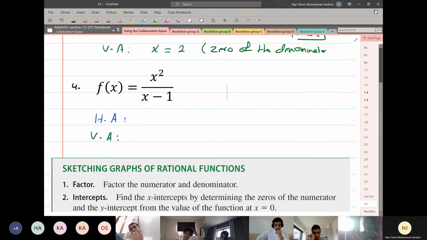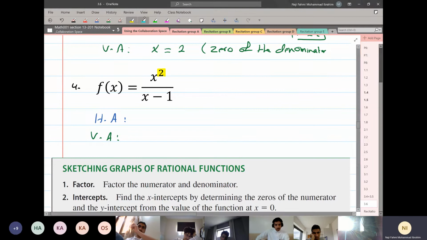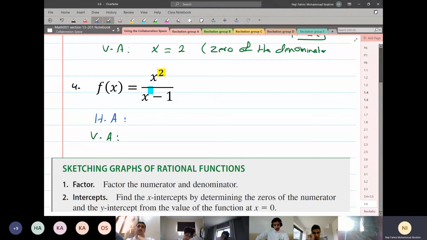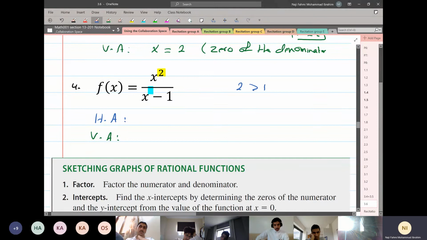No. What's the degree of the numerator here? 2. And the degree of the denominator? 1. So is 2 greater than 1 or not? Yes. So in this case, what do we say?